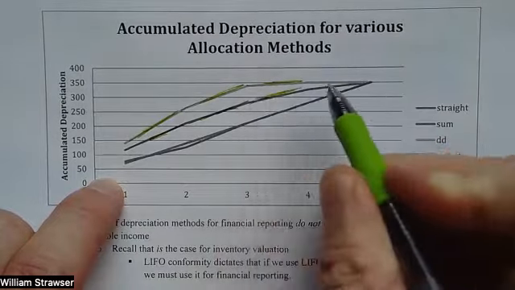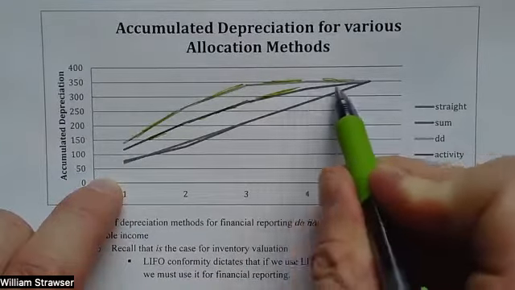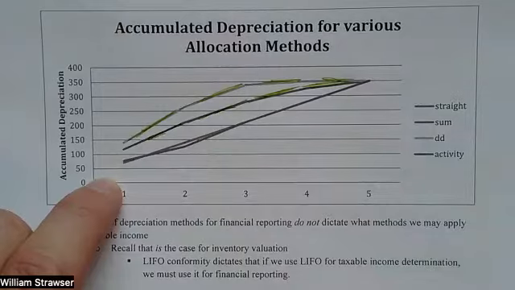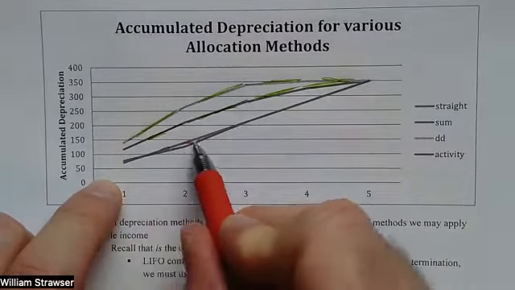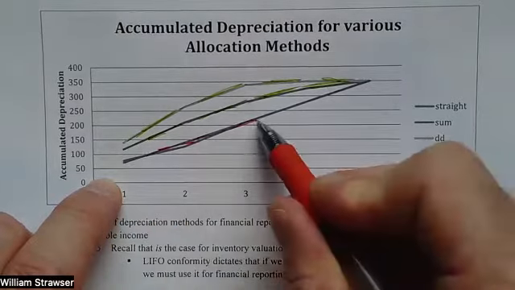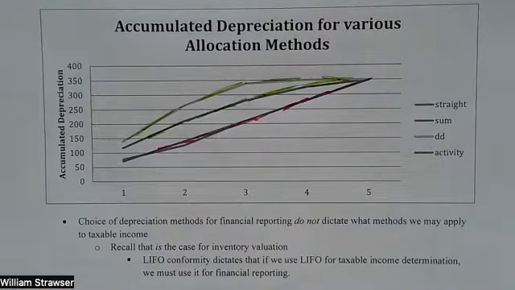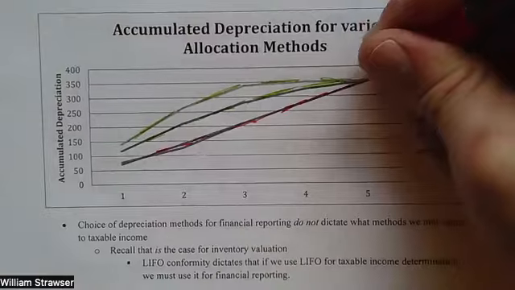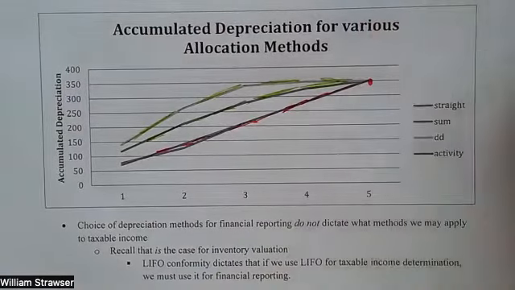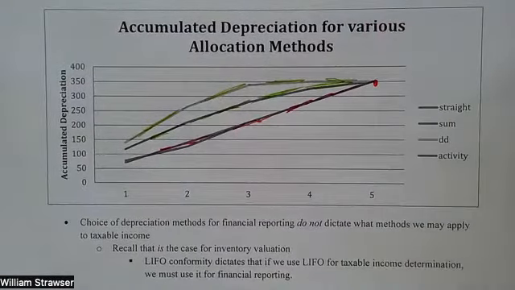And this is when there's less expense for them to recognize at the end of the useful life. The straight line is always a straight line, no matter how we depict it, just steadily building that accumulated depreciation. But notice they all reach the same point at the end. They all recognize the same amount of cost over the entire life of the asset.